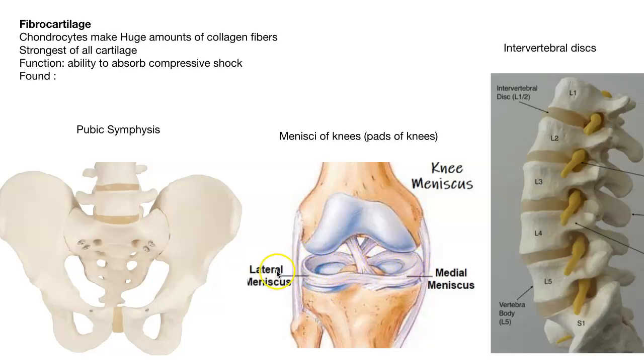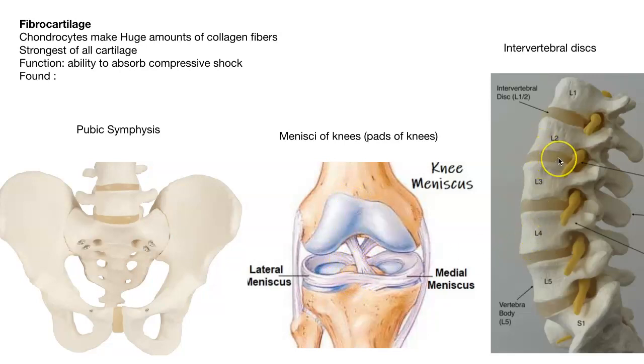We call it the lateral meniscus and the medial meniscus. There's one on the medial side, one on the lateral side. Menisci is the plural, meniscus is the singular. So these menisci, this is a pad of fibrocartilage put in between in the knee joint.